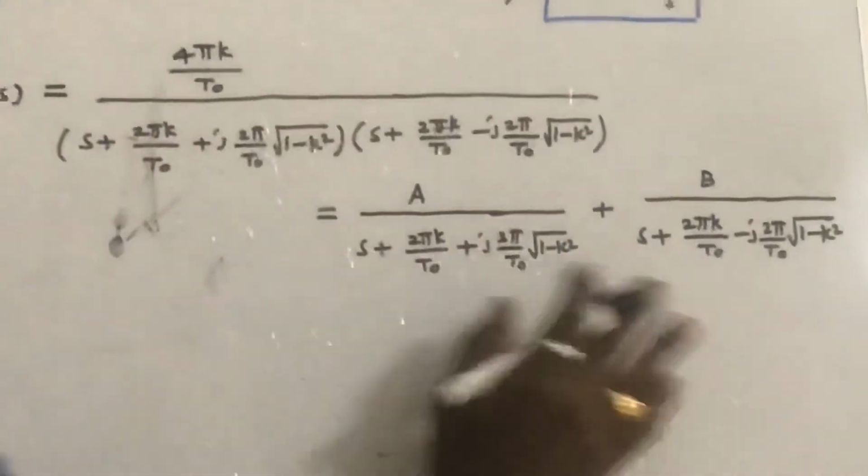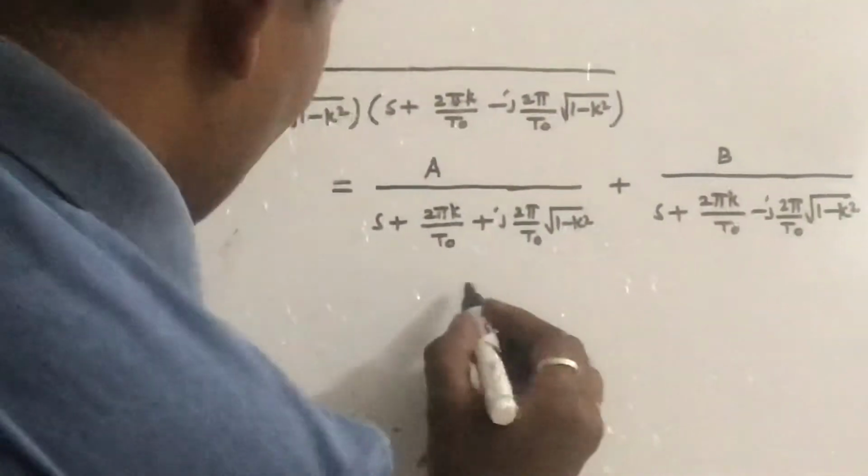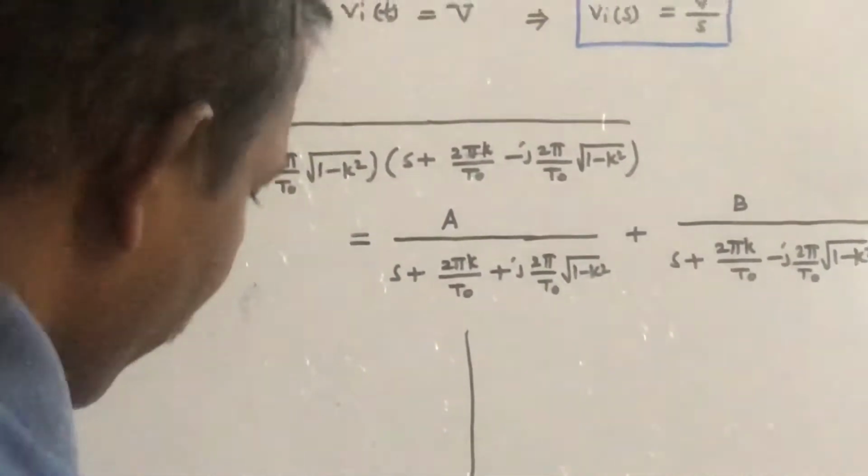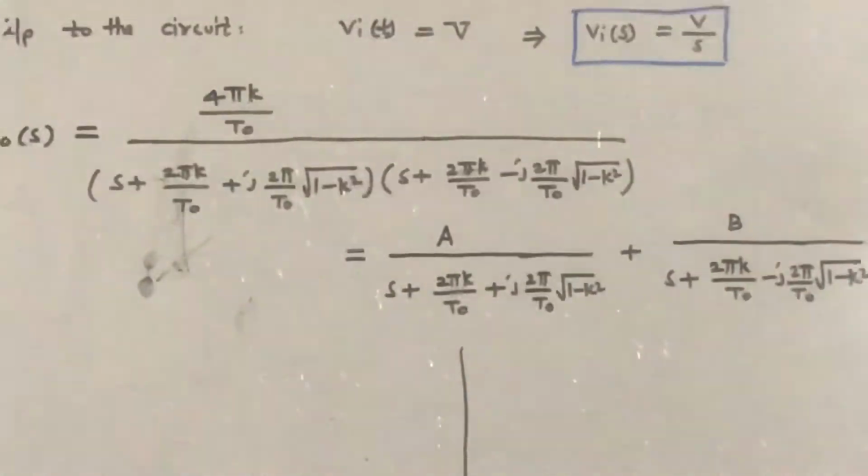So we separate these roots using the partial fraction method. Let us find out the constants A and B separately.